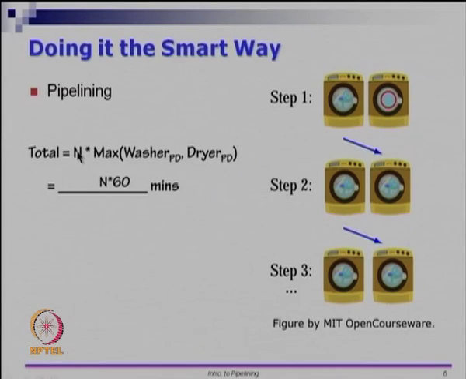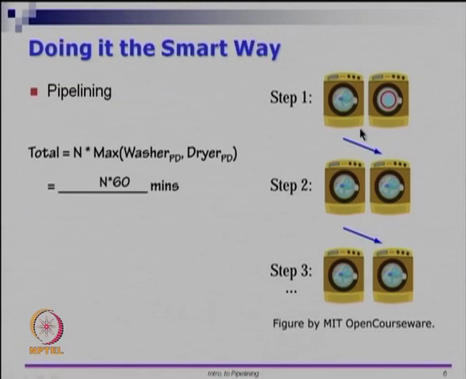So, let us see what it will take. The total time it will take is n times, not the summation of washer plus dryer, but the max of washer plus dryer. So, the one that is constraining the load to go is, washer anyway gets done in 30 minutes, the dryer takes longer time. So, let us look at this.